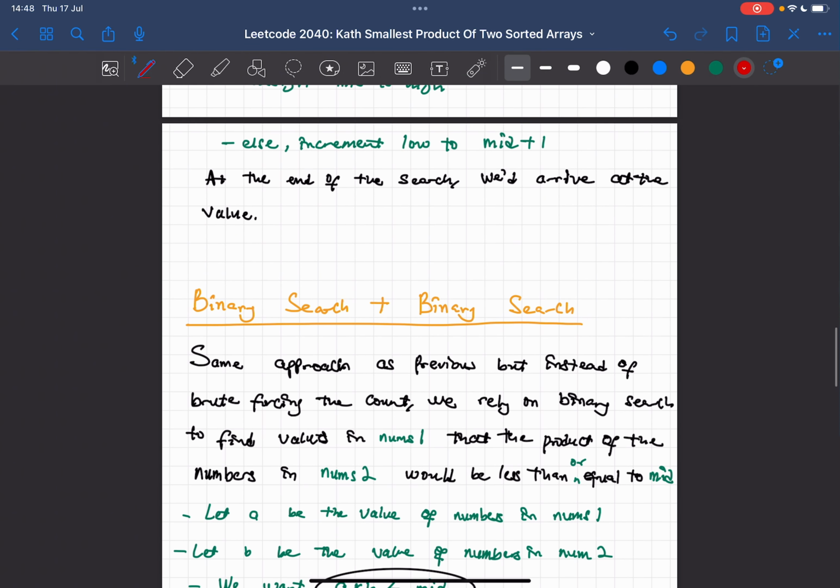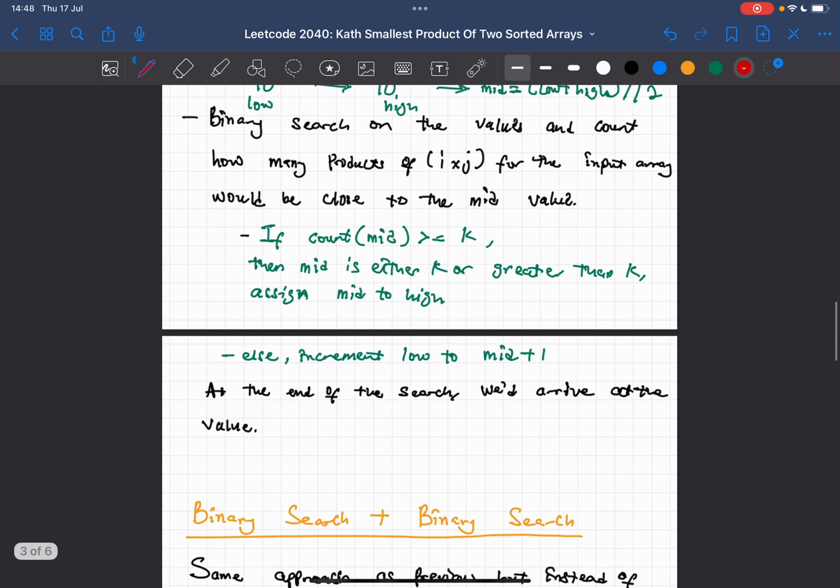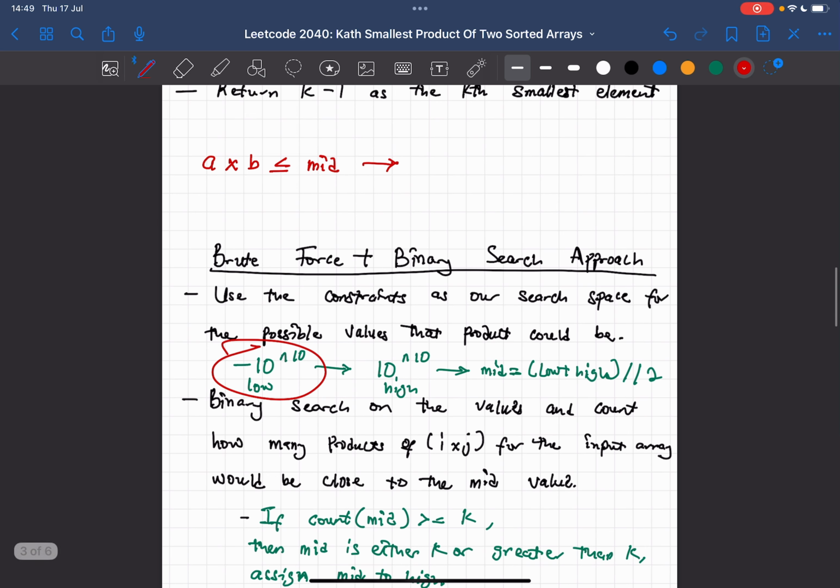Now, the correct approach is something very similar to the brute force approach and binary search, and it involves using binary search on the possible product value space. That is negative 10 raised to power 10 and positive 10 raised to power 10.